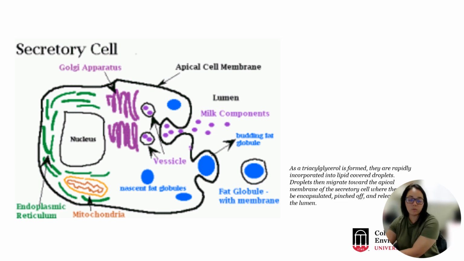So they go through this process where the milk components and the fats turn into those little lipid blobs, and then they make their way towards the apical cell membrane, get pinched off, and then released into the lumen here as milk fat.